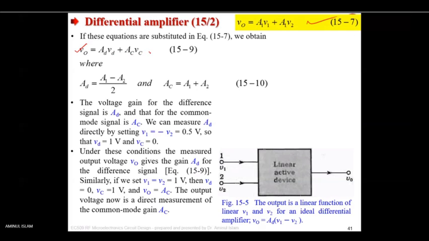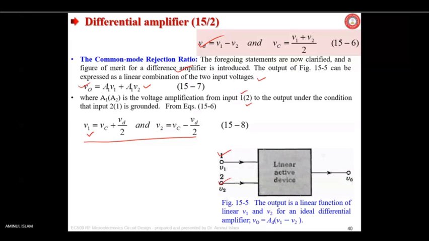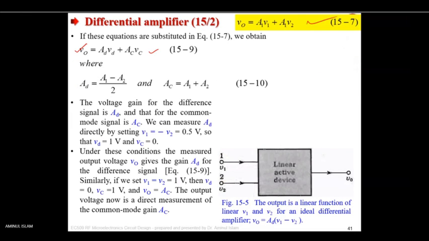Can you get this or not? Check. This V1 equals VC plus VD by 2 and V2 equals VC minus VD by 2. If you put in this equation, VO can be written this way. Yes or no?